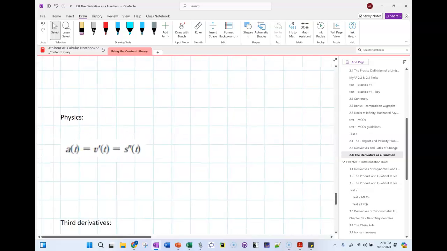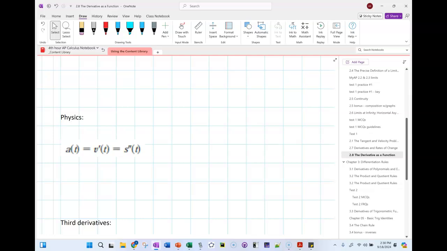Physics. Any physics students in here? You guys doing kinematics right now? Motion? Position, velocity, acceleration are all related in that they are derivatives of each other.